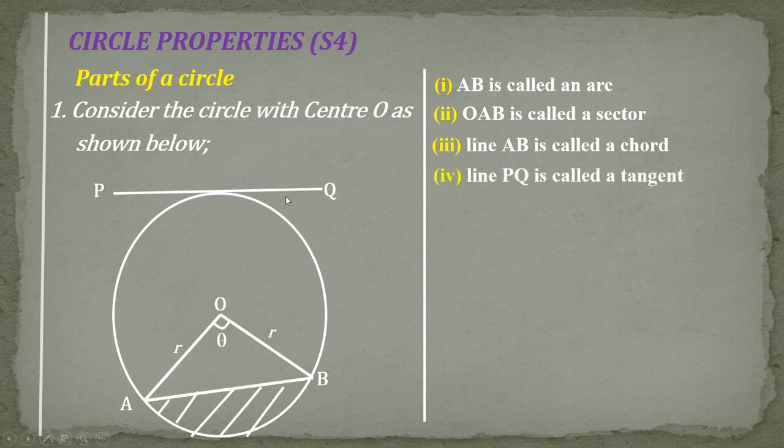Now PQ is called a tangent. A tangent is an external line drawn in such a way that it touches the circumference of a circle at only one point. A tangent does not touch a circle in 2 points. It only touches it at only one point. As you can see, this tangent PQ, the line PQ, touches the circle only at this point here.